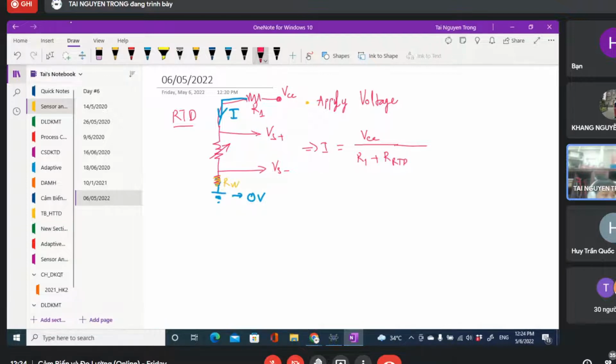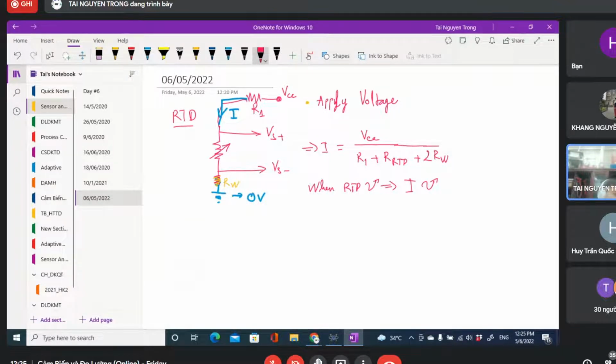In this case, we can add some more resistance. When RTD is changed, then I will be changed too.